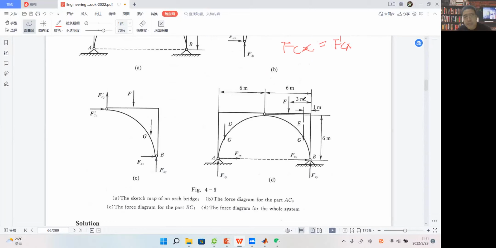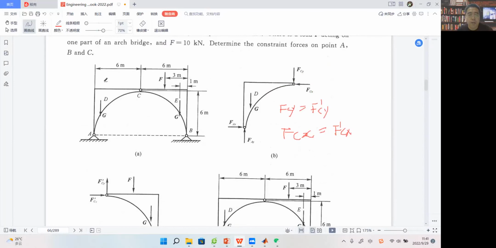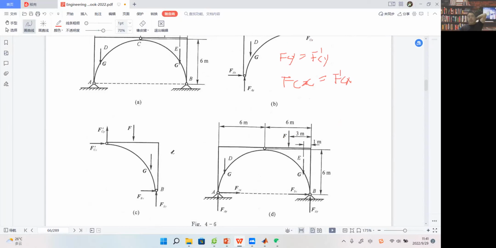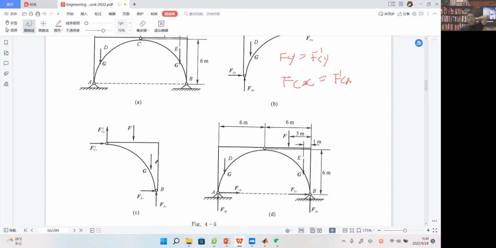And the fourth one, when we select the whole to be studied, this time we free AC and BC together from the frame. So we remove the constraint at point A, and we give FAX, FAY, which equal these FAX, FAY.